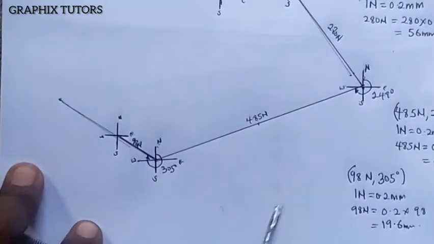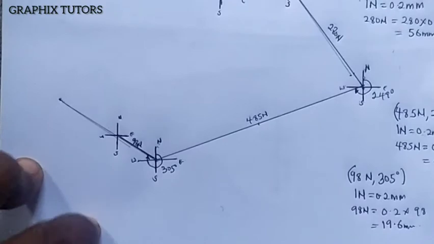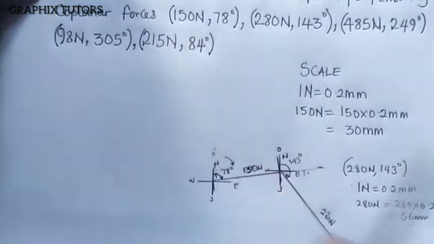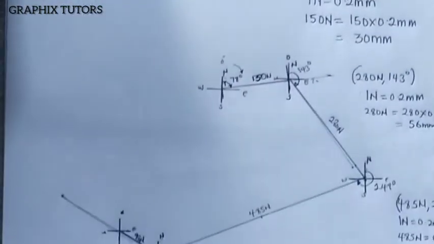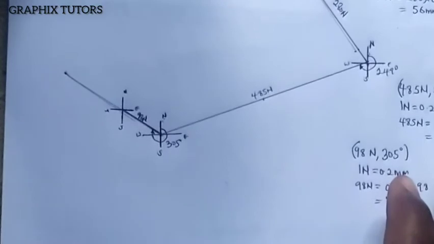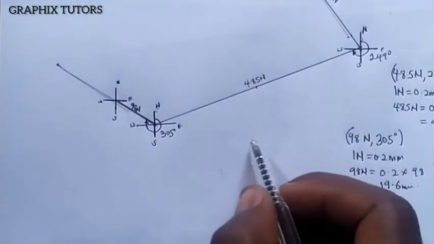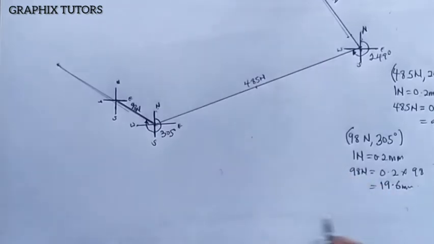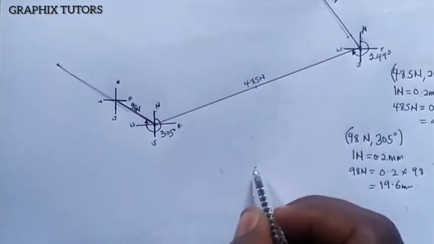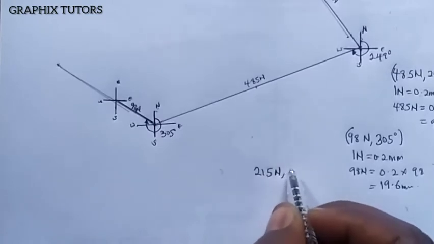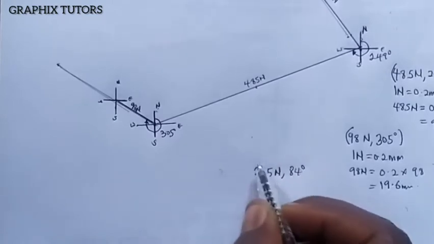Now if you look at the last one there, we have 215 Newton to what? 84 degrees. Look at it very well. We have 215 Newton to what? 84 degrees. So I'm going to come and write this out. I say okay, I have 215 Newton towards 84 degrees.